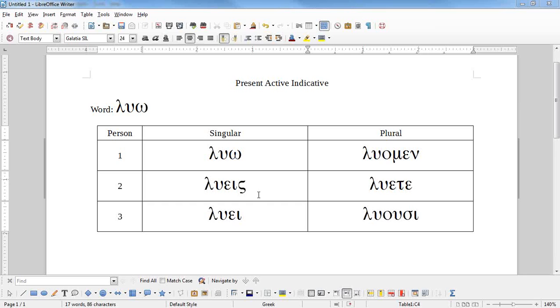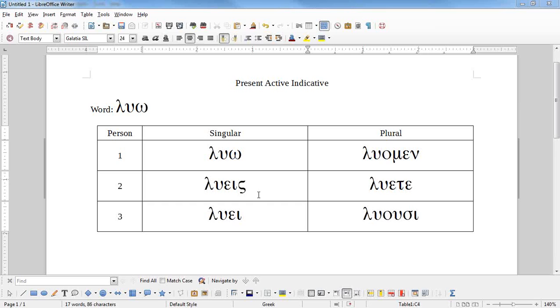Okay, so let me read them through for you guys, just to know how these sound. If you wish to repeat after me, just go right ahead. I'm going to do the singular first, and then the plural. Luo.